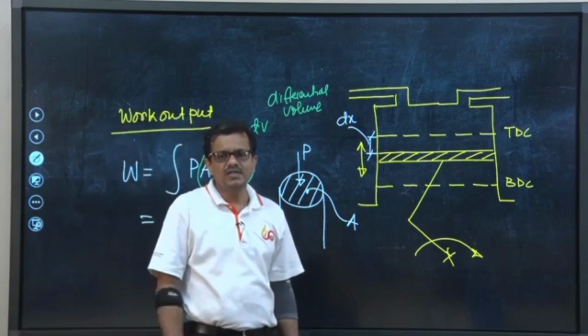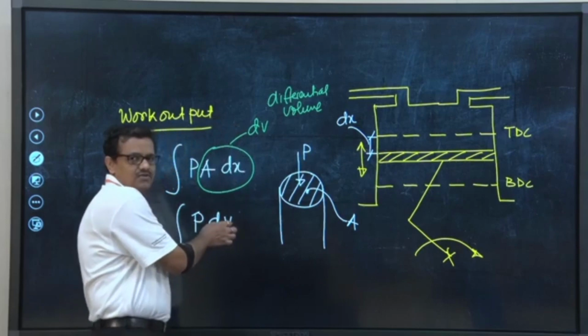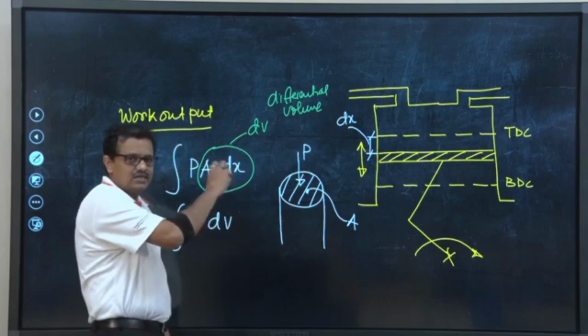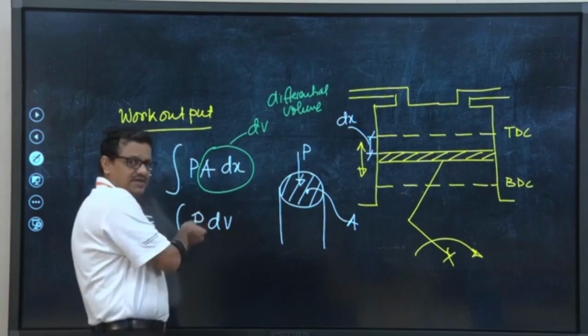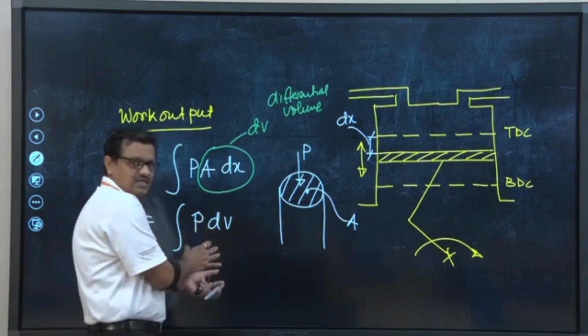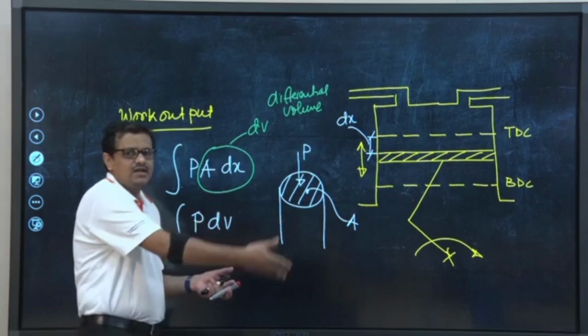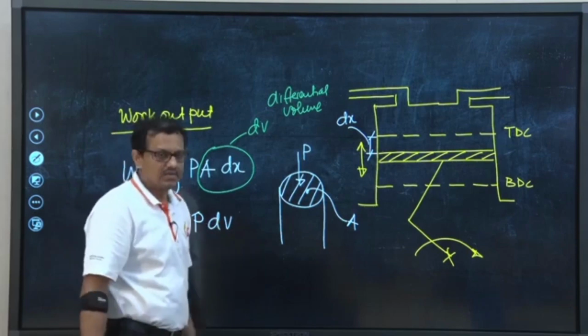analysis to calculate what would be the work done, because you know that this is the elemental volume which is displaced. Now, if that pressure is P, then we can get this expression. For another elemental volume, pressure P may change from P1 to P2, let us say.